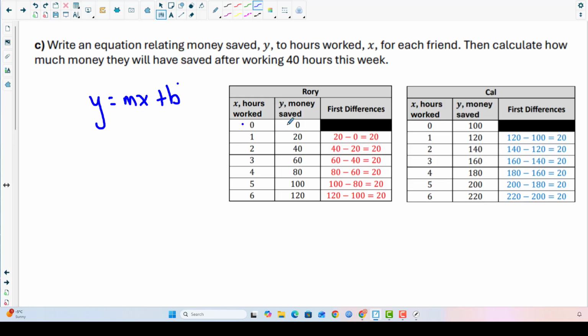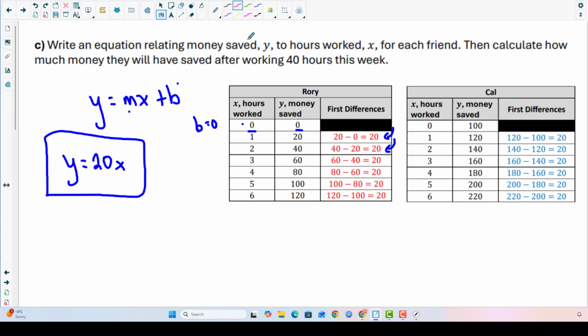So in this case, my b value is going to be 0 for Rory because x is 0 and y is 0. My slope is going to be 20. So the equation is y equals 20 times x plus 0. And remember, we don't really need to write plus 0 because it doesn't do anything. So the equation for Rory is y equals 20x.